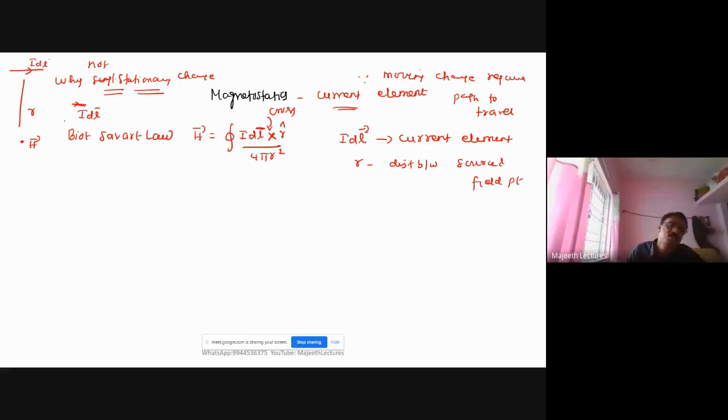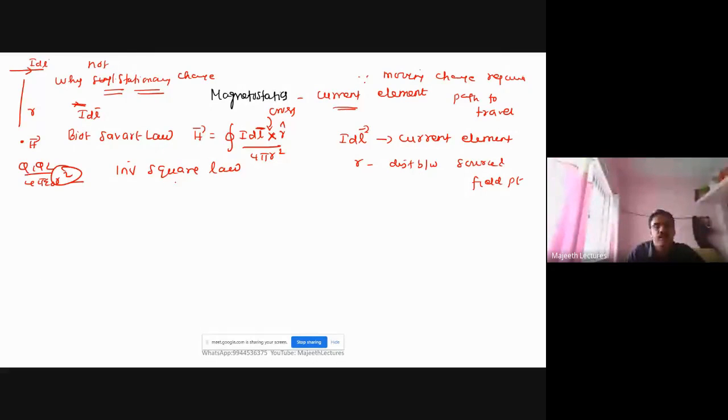In Coulomb's law we have studied Q1 Q2 divided by 4 pi epsilon naught r square, so Coulomb's force is also a 1 by r squared law. Biot-Savart law is also an inverse square law. Both are called inverse square laws.